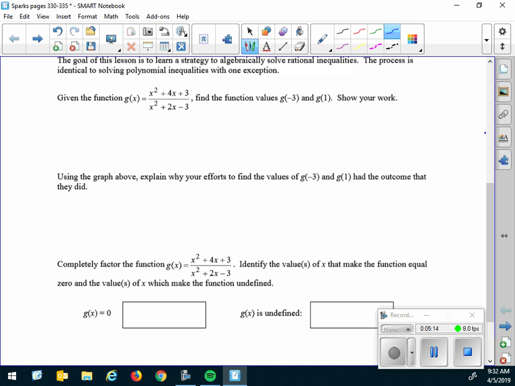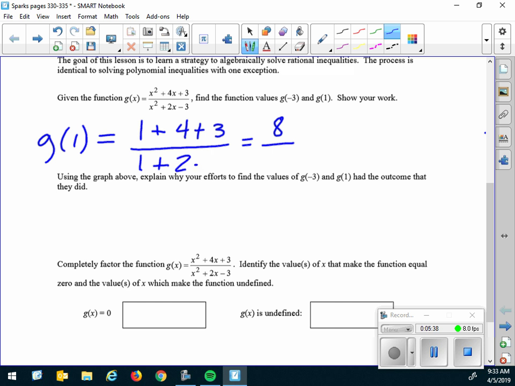Now let's talk about g of 1. Substitute: 1 squared plus 4 times 1 minus 3 plus 3, over 1 squared plus 2 times 1 minus 3.